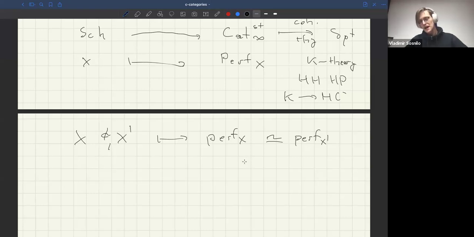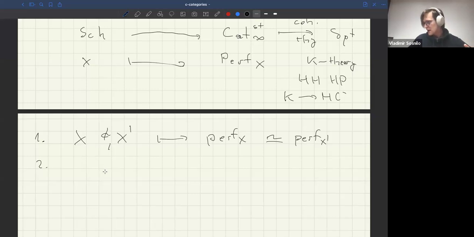And this is one problem. Another problem that I want to mention is that some geometric notions are very hard to formulate in this categorical setting.